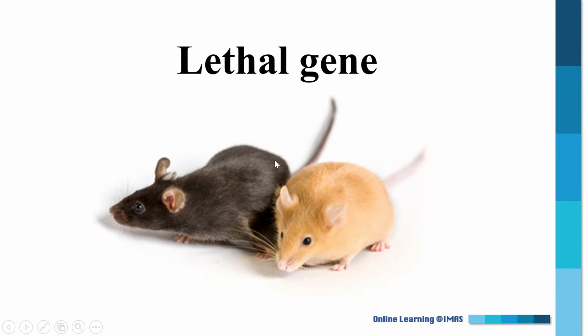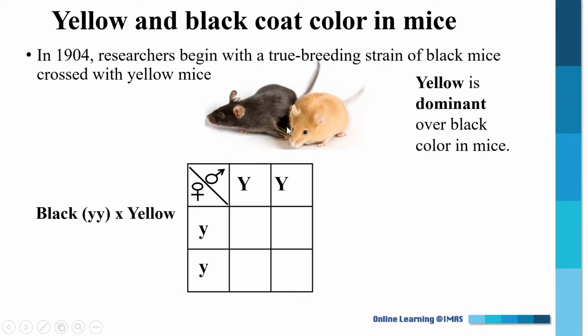So actually this started when some researchers, in 1904, started to cross black mice with yellow mice, knowing that yellow is dominant over black.